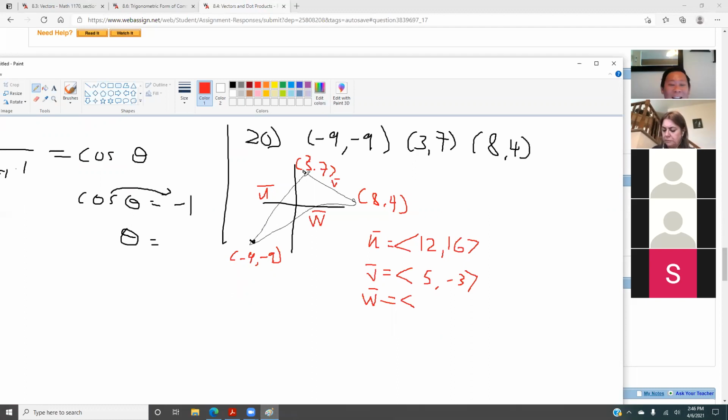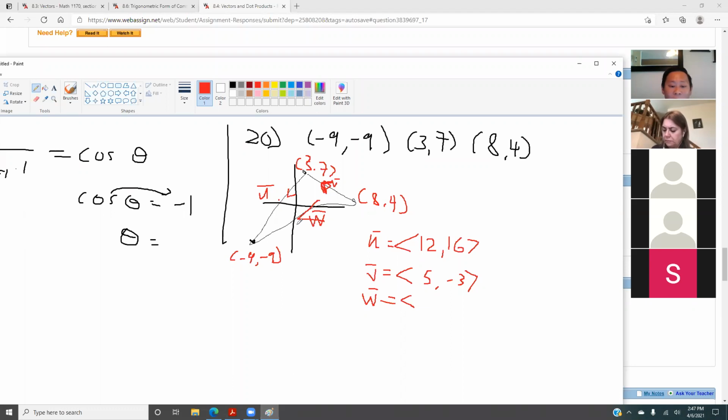Very good. This one you take going this way, because you're taking this minus that, right? And this one you're going the other direction. So now this one, we're gonna go this way, because you're following the direction.